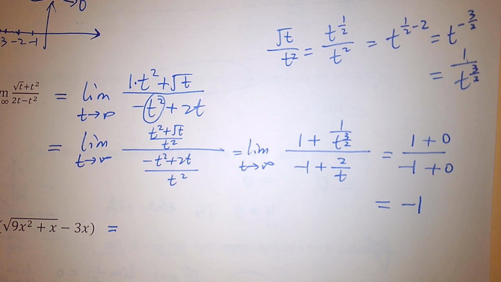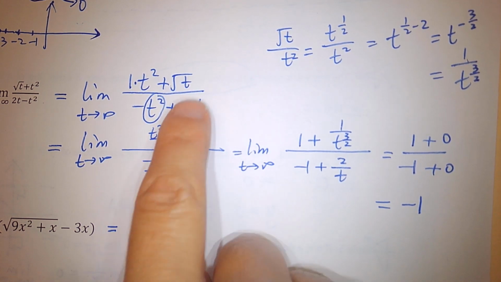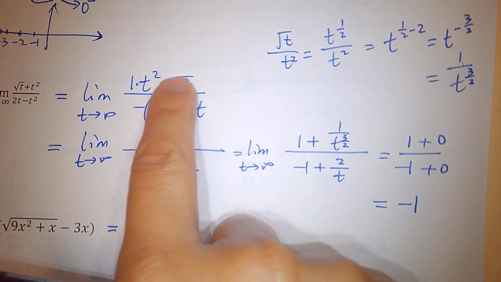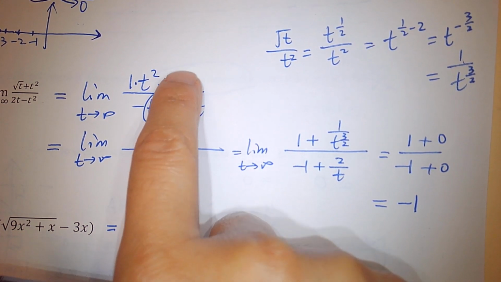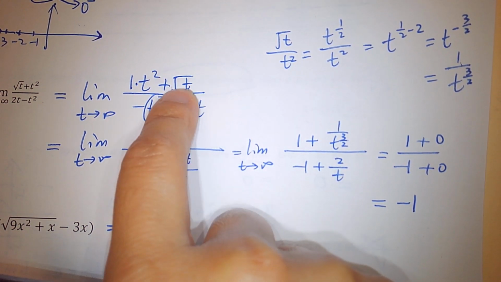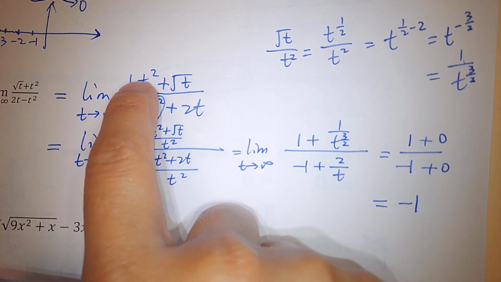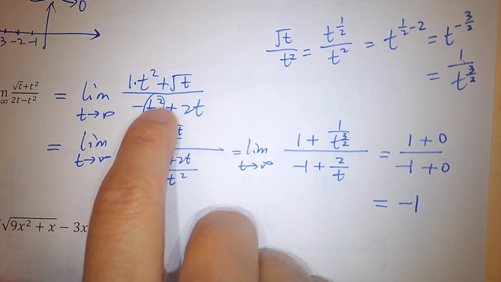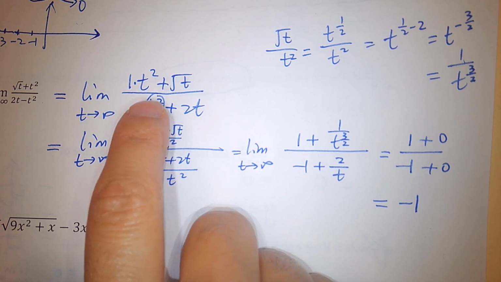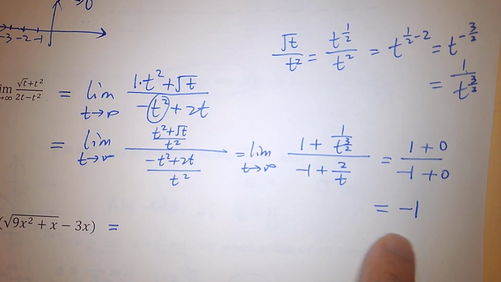Negative 1. Do you see that? Or, this is a polynomial over polynomial. We cannot say it's exactly polynomial, but square root of t is t to the 1/2 power. 1/2 is not as great as 2, right? So t squared, negative t squared, so negative 1. Okay, so it equals negative 1.